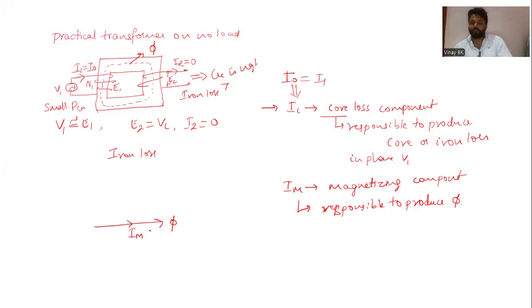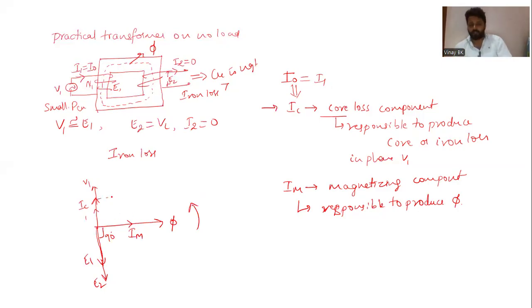And E1, that is the self-induced EMF, and the mutually induced EMF E2, are in phase with each other, and this E1 and E2 lag the flux by an angle of 90 degrees. And IC, the core loss component, is always parallel to the flux, and V1 is always in phase with IC, or else IC is always in phase with V1, whereas V1 equals E1, so I am writing the antiphase of E1.